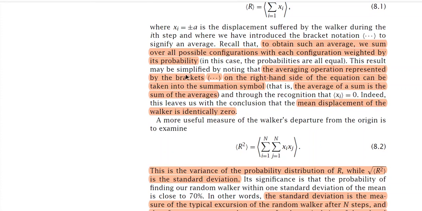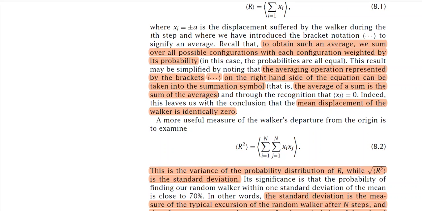This result may be simplified by noting that the averaging operation represented by the brackets on the right hand side of the equation can be taken into the summation symbol. I will show you later how we are using that, but the point is that this averaging may be done by taking the summation symbol outside the bracket. That is, the average of a sum is the sum of the averages.